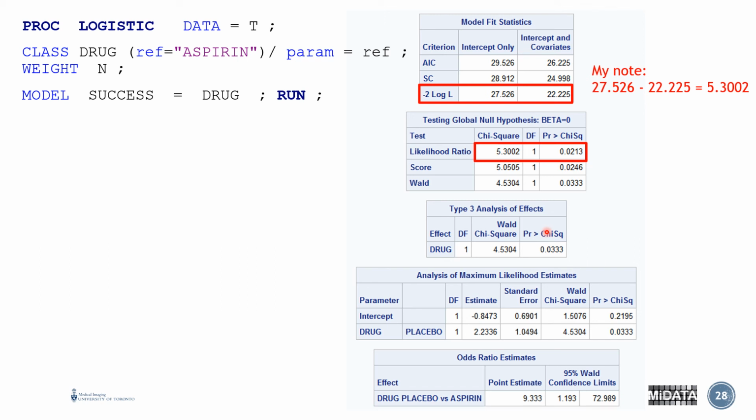Your analysis of maximum likelihood estimates is where it provides you with the estimate of your parameter. As we just talked about in the previous slide, if you exponentiate your estimate, you will get your odds ratio, which is down here.